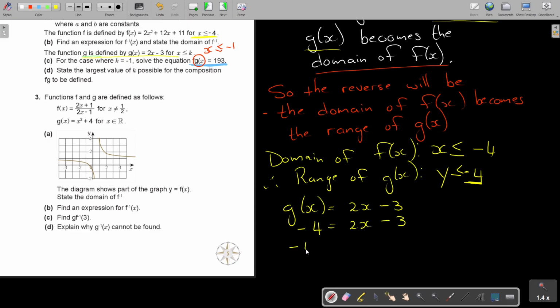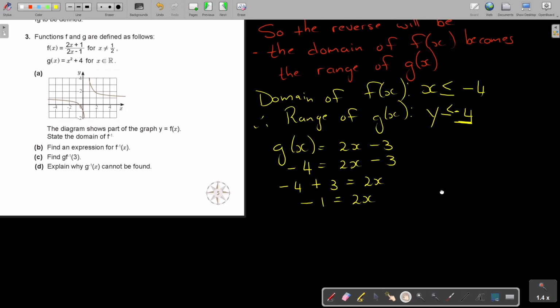And then I have -4 equals 2x minus 3, and then I have that x is -1 over 2. So I'm basically finding the domain. Therefore, the value of k is equal to -1/2.